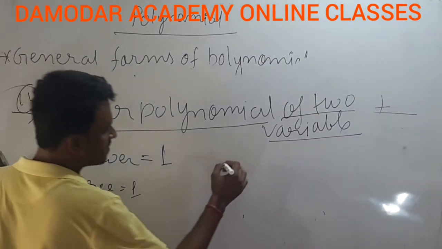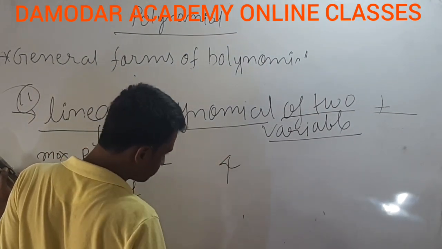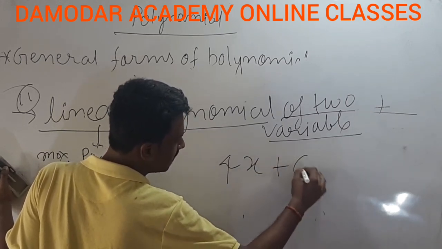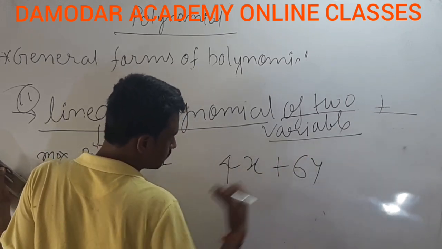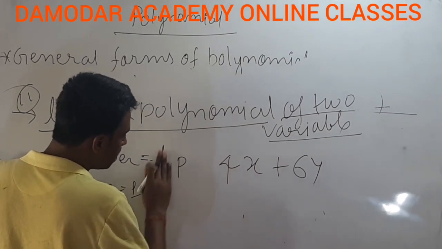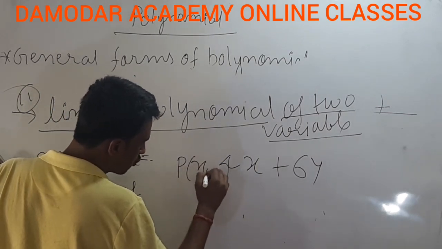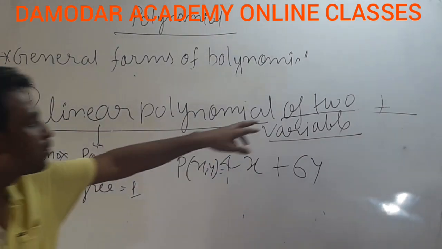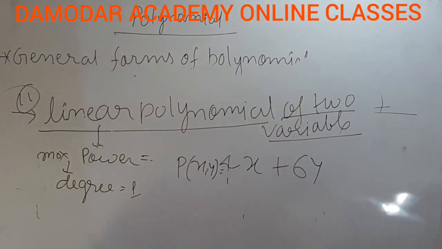So let's take the example 4x plus 6y. Okay. P(x, y). This is the way to write a two-variable polynomial. Means a polynomial in which x and y are the variables.